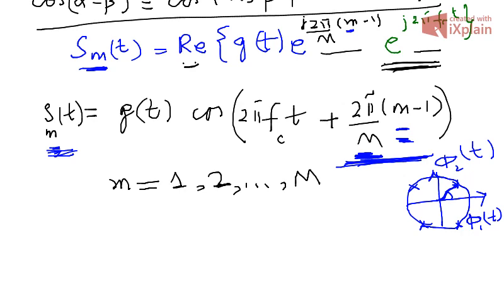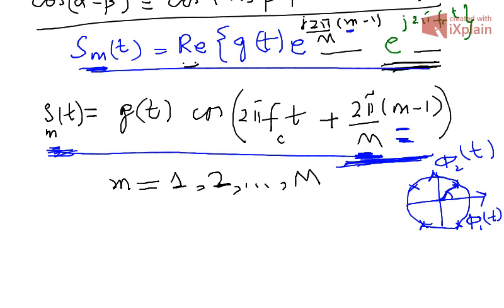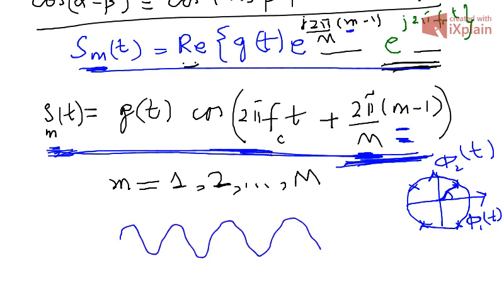Now it's quite clear, this expression: you are actually talking about the real part of this exponential, the carrier frequency with a certain angle, and this is multiplied with a gate pulse.